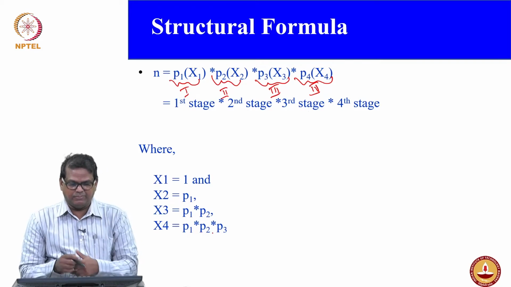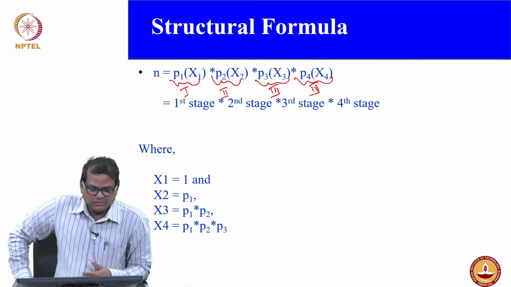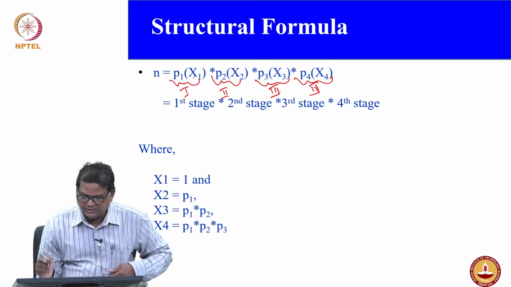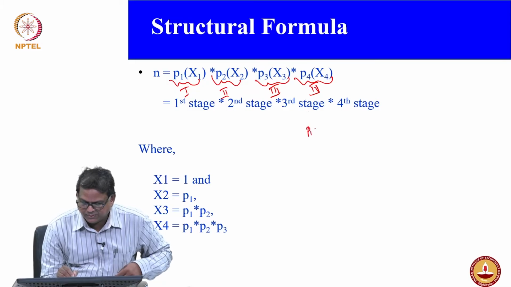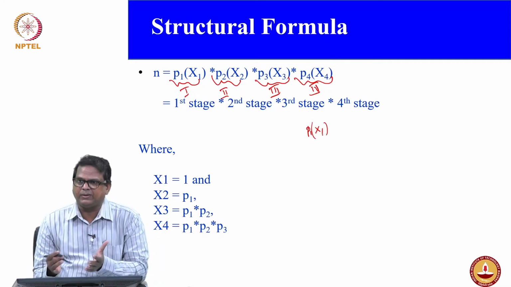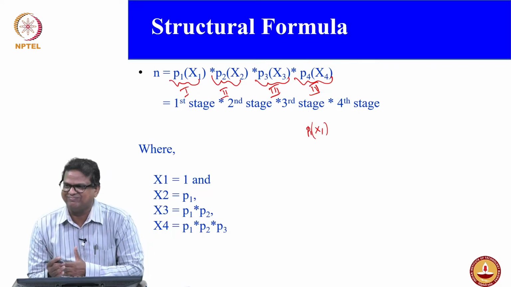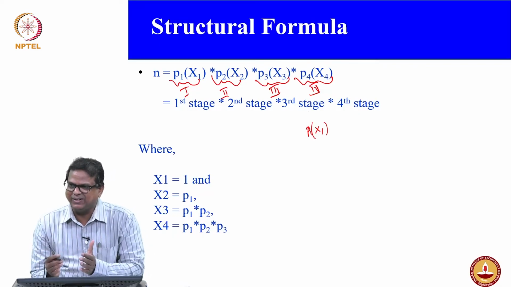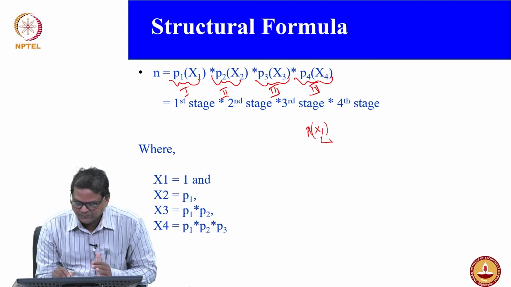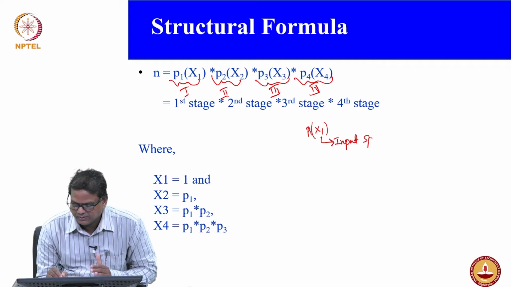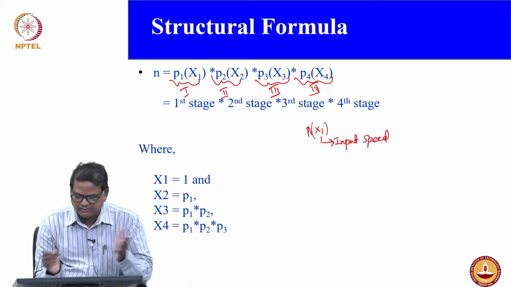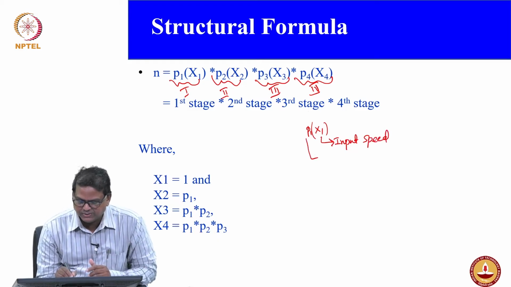I will come back to what that means. So, in P1 x1, normally what is within the bracket indicates the input speed. Then anything before that is the output speed.